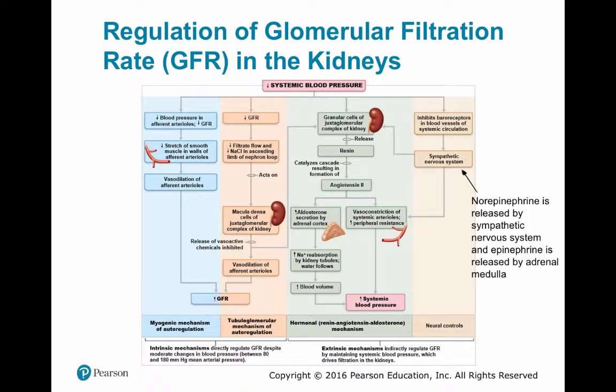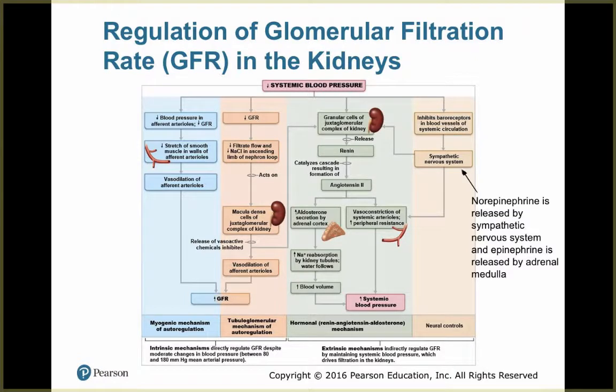And so if you look here at the top, you can see these are the two intrinsic controls and these are the extrinsic. So basically, if your systemic blood pressure goes down, a couple things can happen. The myogenic mechanism of autoregulation says if the blood pressure in your afferent arterioles goes down, then it reduces the glomerular filtration rate.